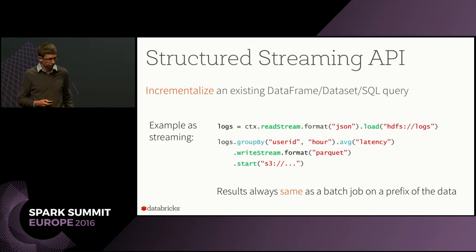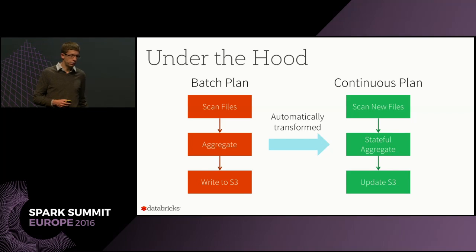Okay, and under the hood, structured streaming builds on the Catalyst optimizer that's in Spark, and basically it converts a batch processing plan into a continuous execution plan to run the query. So in this case, the batch plan is to scan some files, aggregate, and then write to S3.